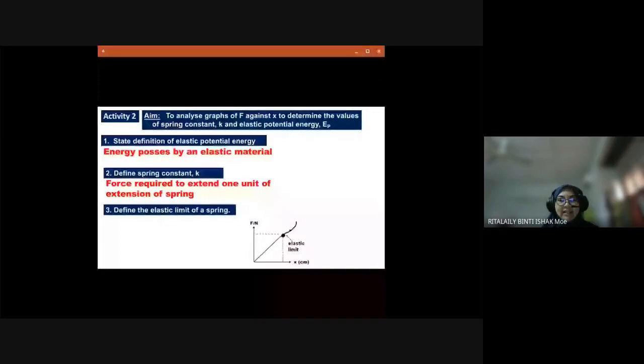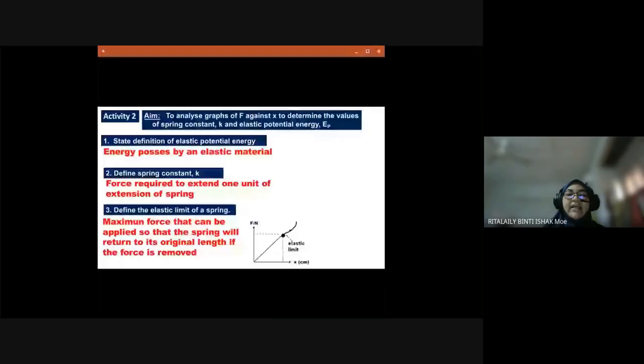Now we use stiffness. So, stiffer or less stiffness. Like Kavitra said, stiffness of the spring. Spring constant is also known as the stiffness of the spring. But the definition of spring constant is force required to extend 1 unit of extension of the spring.